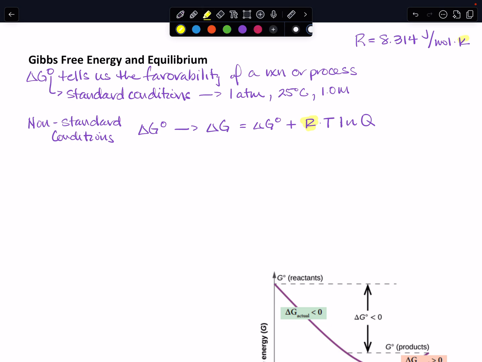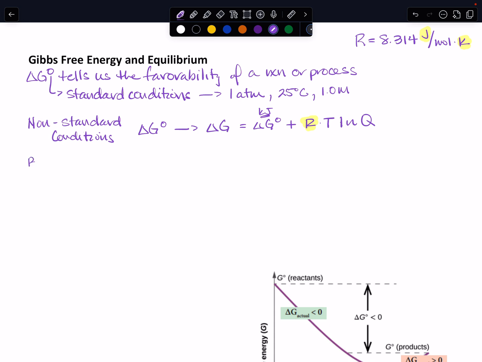Remember, Kelvin is going to dictate our temperature, so that temperature needs to be in Kelvin. And joule, we may need to adjust because our delta G naught might be in kilojoules. So just pay attention to those units. This is what our system looks like under non-standard conditions when we are not at equilibrium.